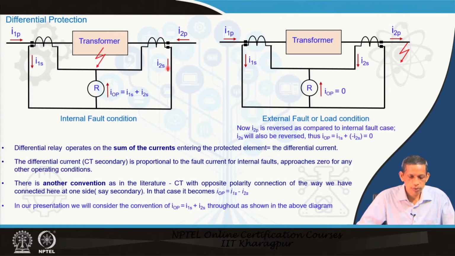So, that is why the direction of current I 2 S is entering here, and at this terminal this should leave here. So, the direction of I 1 S is this. This philosophy results in I OP equal to I 1 S plus I 2 S.